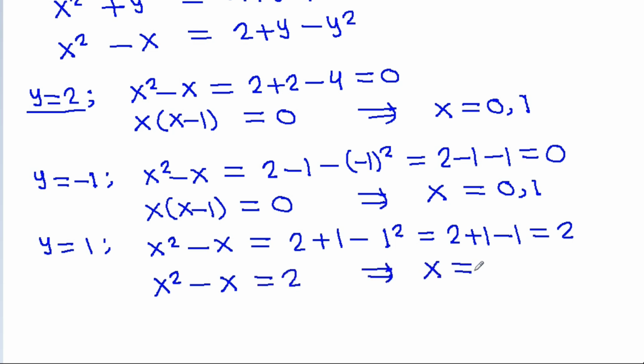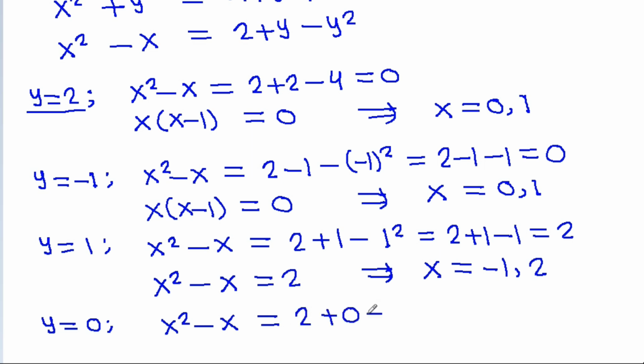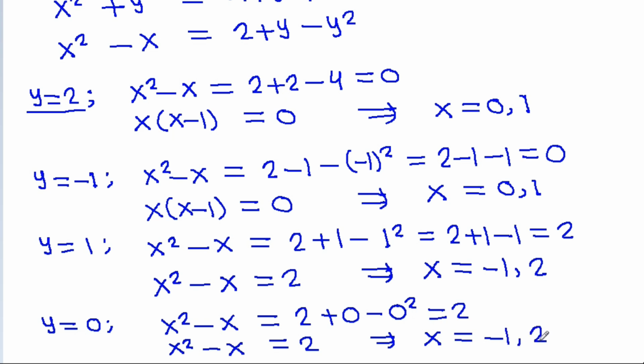So x will be equal to minus 1 and 2. And if y is 0, then x square minus x will be equal to 2 plus 0 minus 0 square, that is 2. So x square minus x is 2. That means x will be equal to minus 1 and 2.